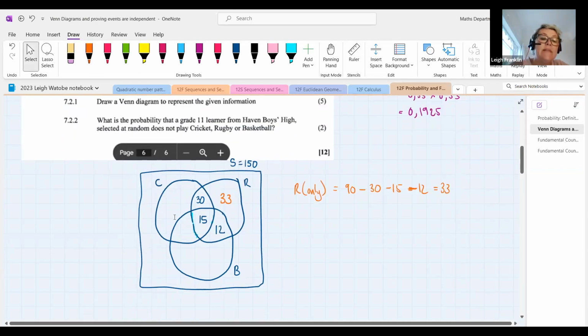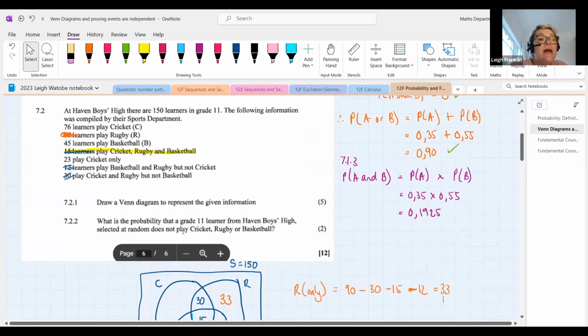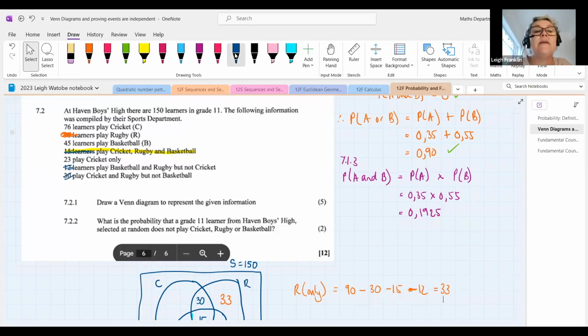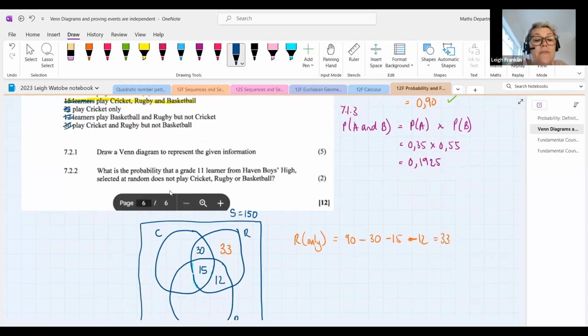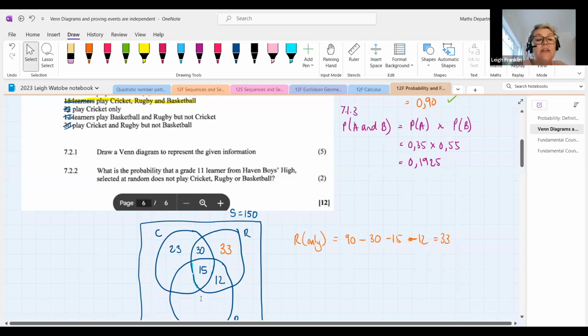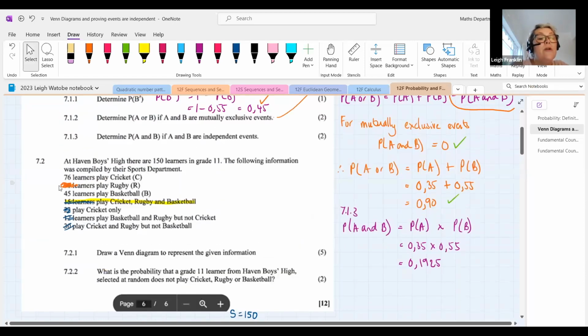Let's go back and see what's happening over here. Ideally, we'd like to try and fill in this area of intersection between cricket and basketball first. Let's see what we have not filled in. 23 play cricket only. Okay, well, that makes life a little bit easier. So that 23 is going to have to go over there. And then to work out what goes in the intersection between cricket and basketball, we could have a look. There are 76 that play cricket.